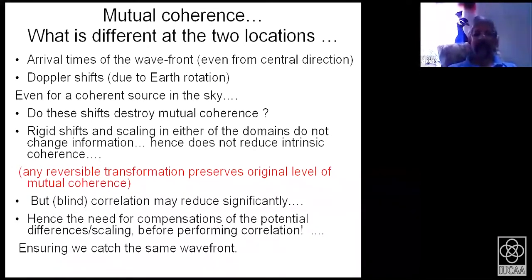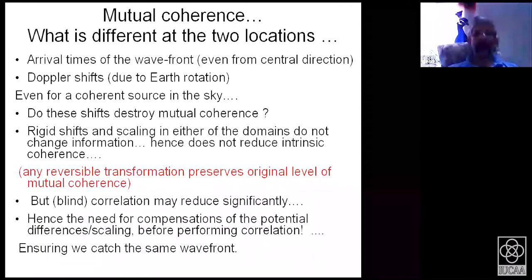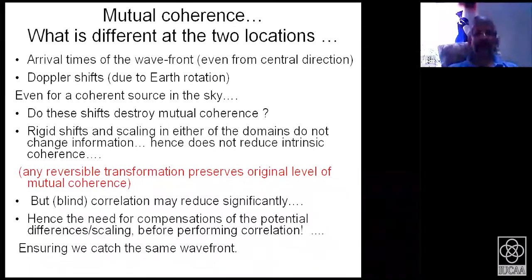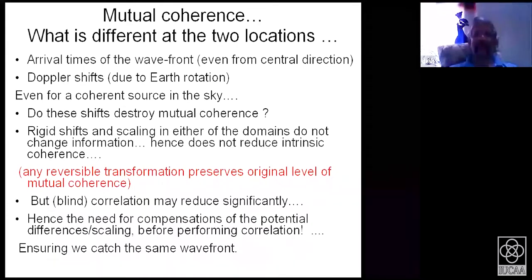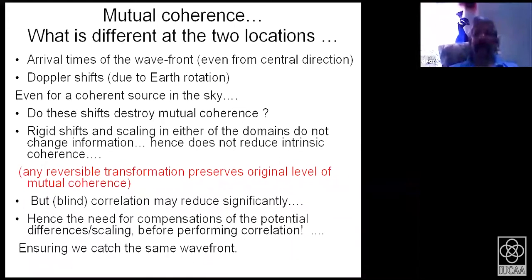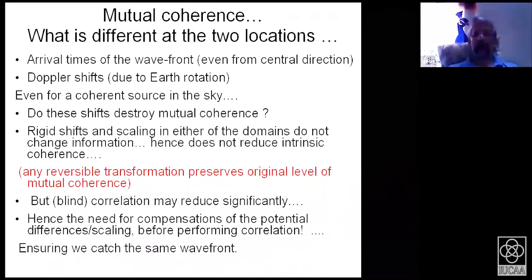So the same thing is true. The only thing we need to appreciate and stress is that all rigid shifts and scalings in either of the domains do not change information. And remember, all these are linear operations. So simple coordinate transformations don't change the information. It's just the definitions and interpretations that change what you label them as. So intrinsic coherence is not reduced by these operations.